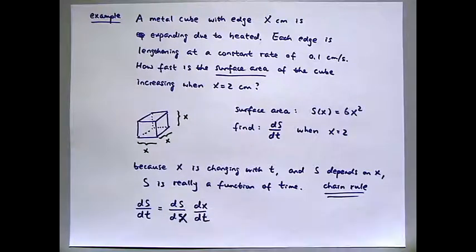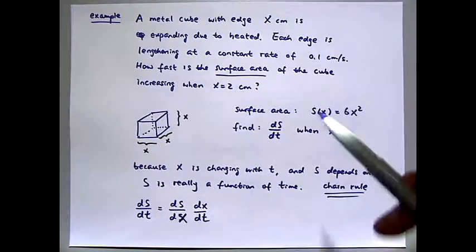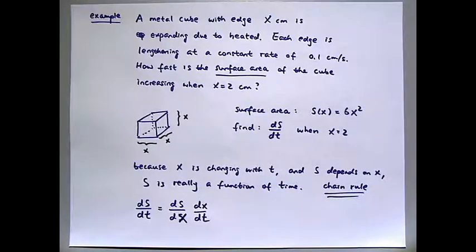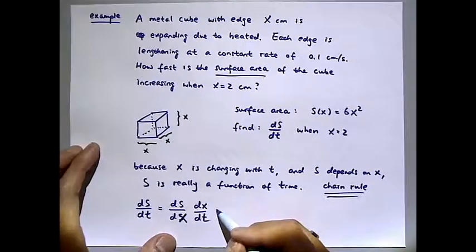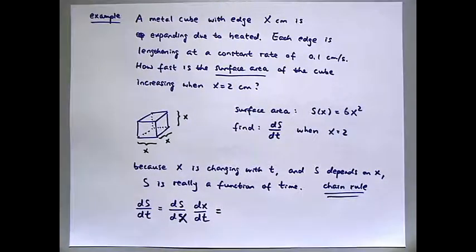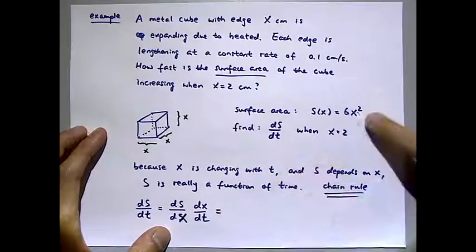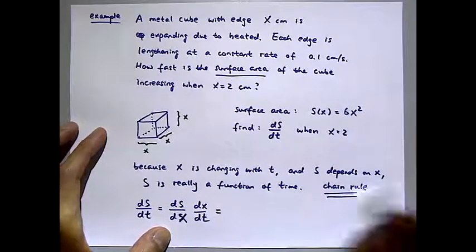The variables change here, but this is just the classical chain rule we've been dealing with: dy/dx is dy/du times du/dx. dS/dx, looking at this equation, is simply 12x.